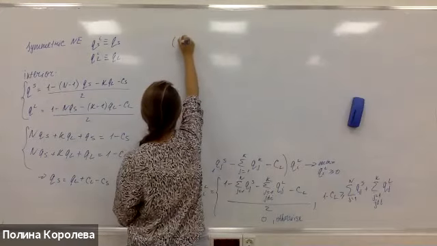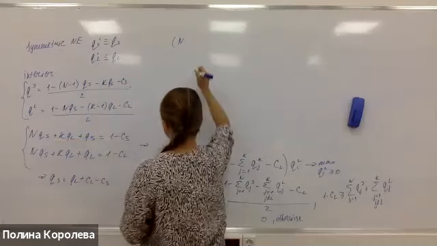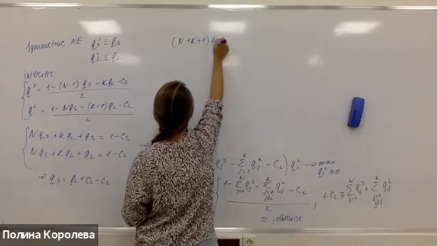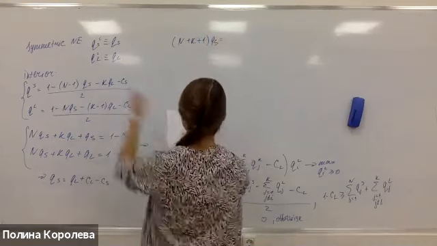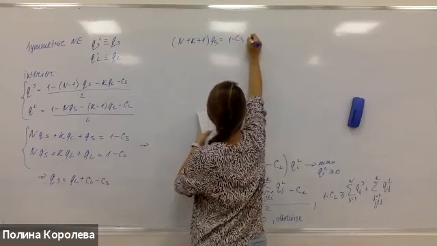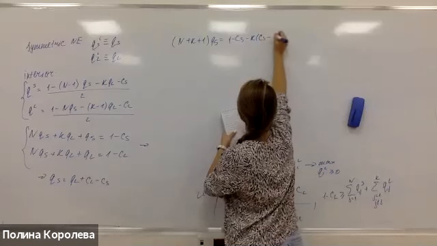We find that N plus K plus 1 QS is equal to 1 minus CS minus K CS minus CL.